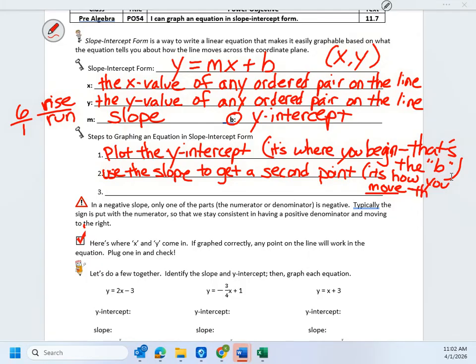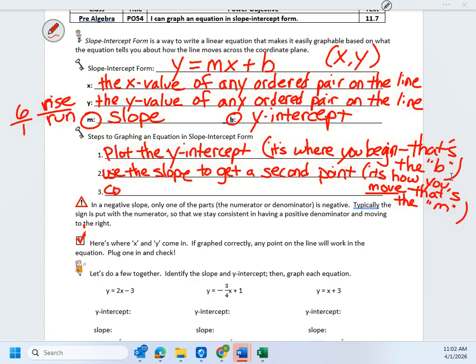That's the M. Okay, so our slope is the M. It's how it moves, that rise over the run. So first you find your y-intercept. That's easy to graph, right? Then we use the slope, rise over run, to get that second point, how that line is going to move.